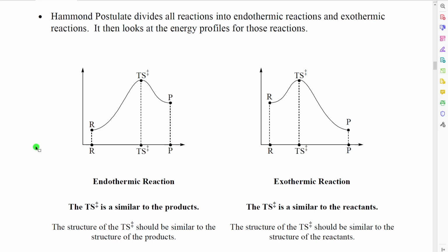A reaction could be endothermic, where the products have a higher potential energy than the reactants. A reaction could be exothermic, where the reactants have a higher potential energy than the products. And then there's a third type called isothermic, where the reactants and the products have the same energy. And we're not going to discuss that because isothermic reactions should have no preferences.